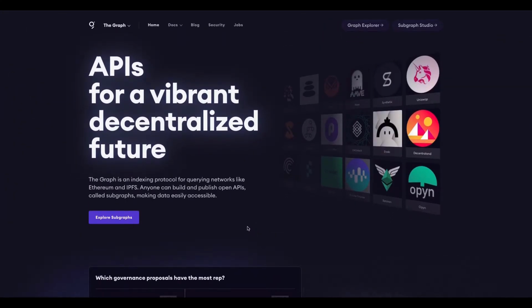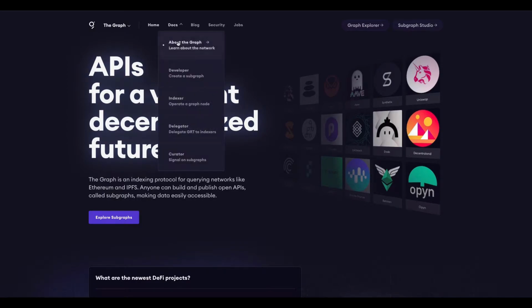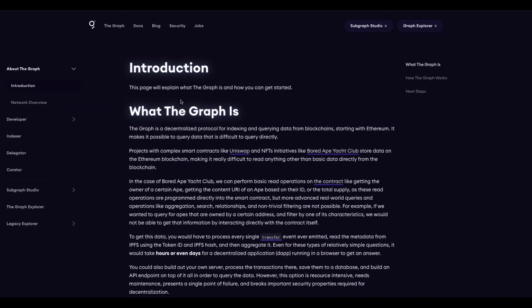But now let's deep dive into what The Graph is. All the information about The Graph is in the documents, of course. The Graph is basically a decentralized protocol built on the ETH blockchain, and its main goal is to index and query data from blockchains.